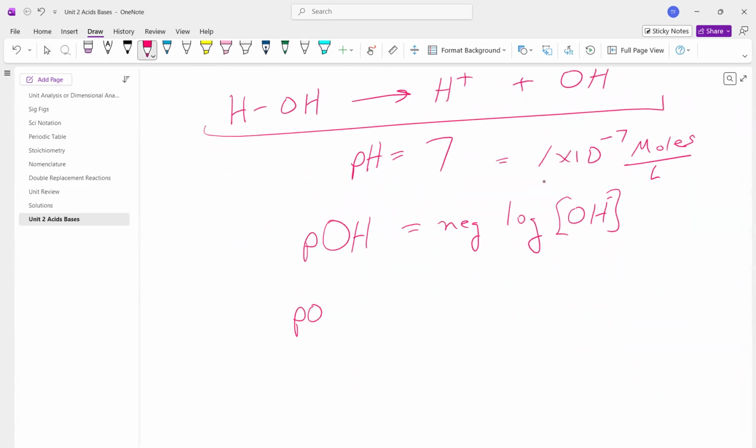So pOH plus pH equals 14. I get this from, if it's neutral, pH is 7, and because it's a one-to-one relationship here, whatever the pH, the pOH is the same. This is at neutrality only, and this is where they get the 14.